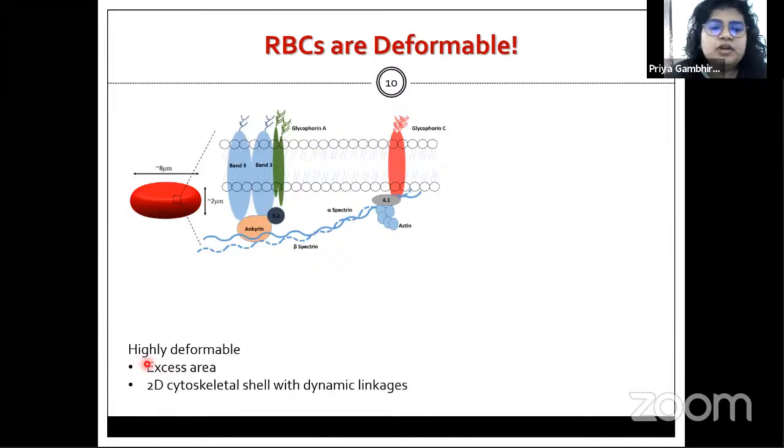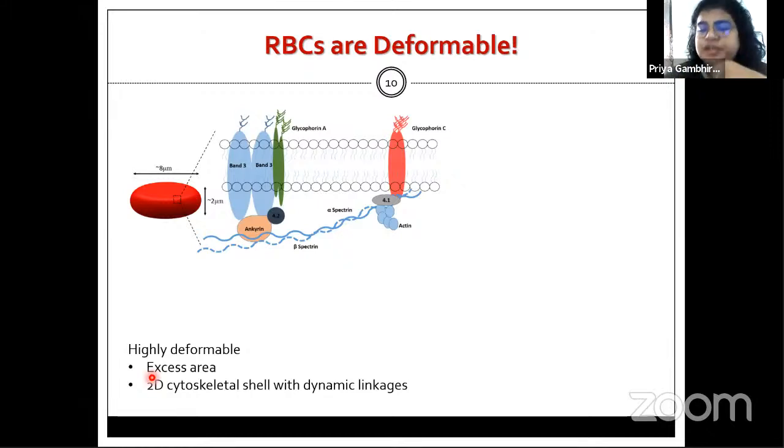Because they are of this discoid shape, if you compare the RBC with a sphere of the same volume, the surface area of the RBC is much, much larger than that of a sphere. What that means is it has excess area for a given volume of liquid that it holds, and that allows it to take a lot of shapes.